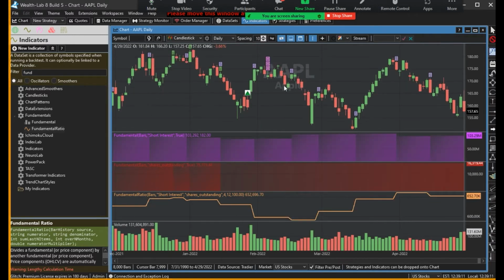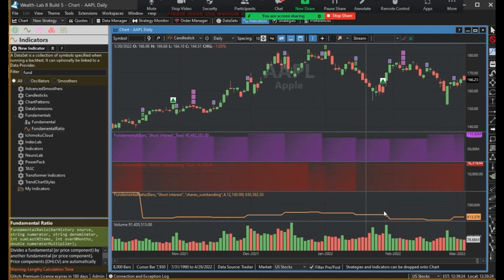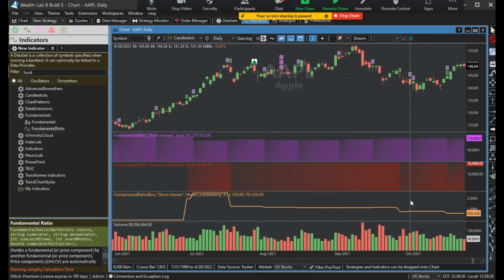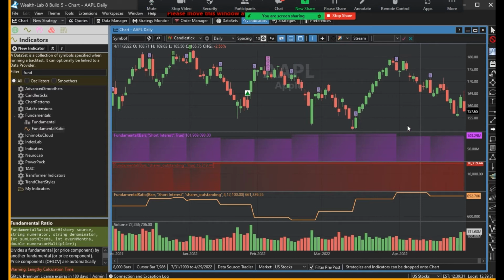Try Tesla. Okay. So here's Apple. The short interest for Apple is kind of ticking up. But is that a ratio? This is a ratio, yeah. How can it be 600,000? I mean, it doesn't make sense. Well, let's see. We've got short interest here. Probably the shares outstanding value here should be multiplied by some value like 1,000.